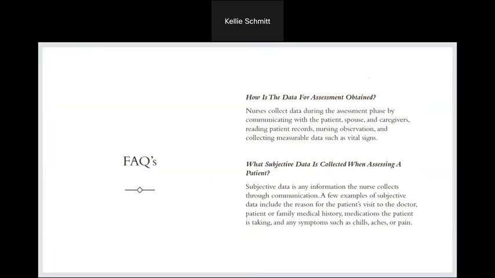How is the data for assessment obtained? We communicate with the patient, the spouse, and the caregivers. We read patients' records, we have nursing observations, and we collect measurable data such as vital signs. Subjective data is also collected.